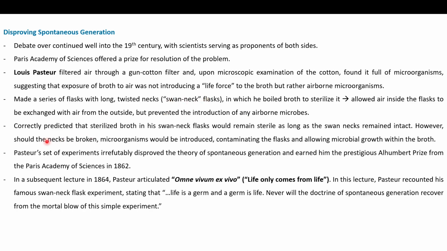So he correctly predicted that sterilized broth in the swan neck flasks would remain sterile as long as the necks remained intact. However, whenever he broke the necks, microbes were introduced, which contaminated the flasks and allowed microbial growth within the broth. So Pasteur's set of experiments irrefutably disproved the theory of spontaneous generation and earned him the prestigious prize from the Paris Academy.